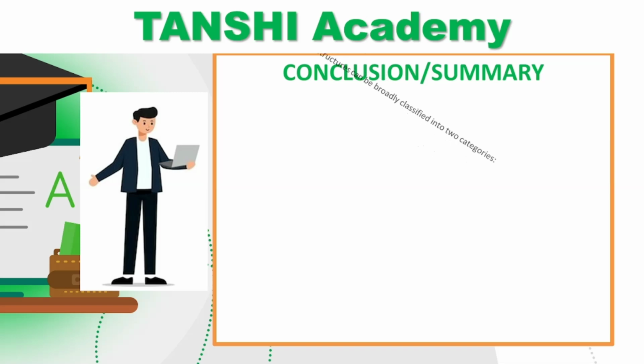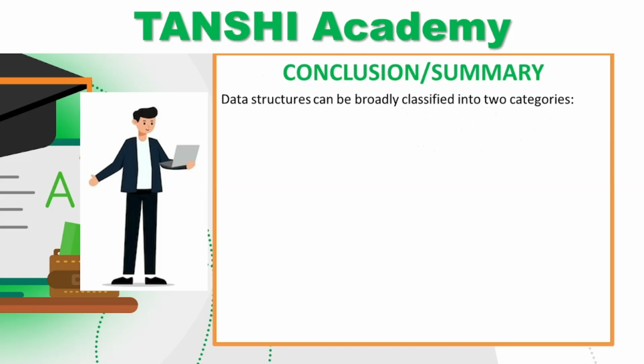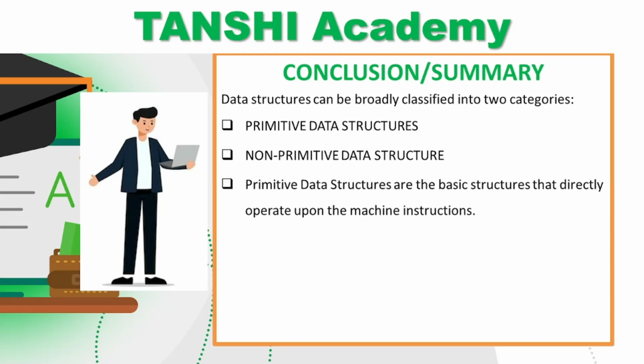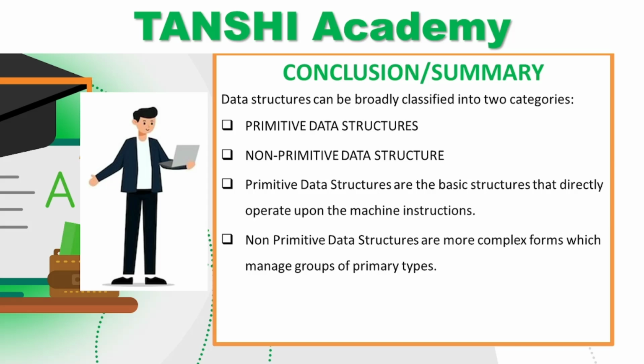Now, in summary, what should we take from this lesson? Data structures can be classified broadly into two categories: primitive data structures and non-primitive data structures. Primitive data structures are basic structures that directly operate upon the machine instructions, and non-primitive data structures are more complex forms which manage groups of primitive data types.